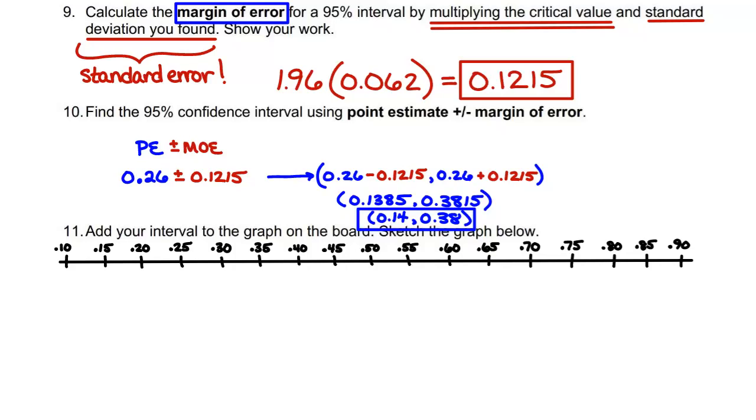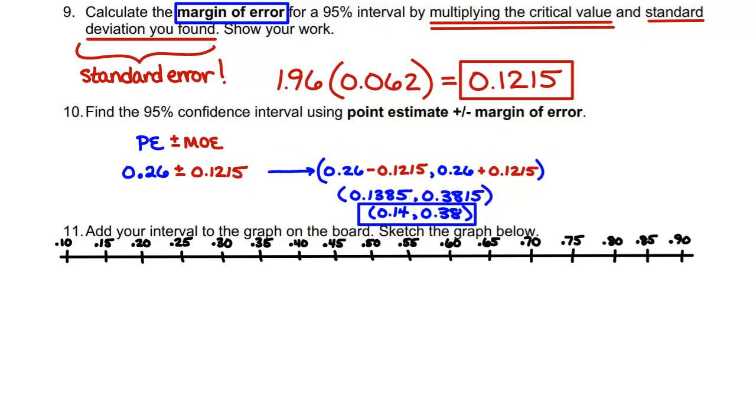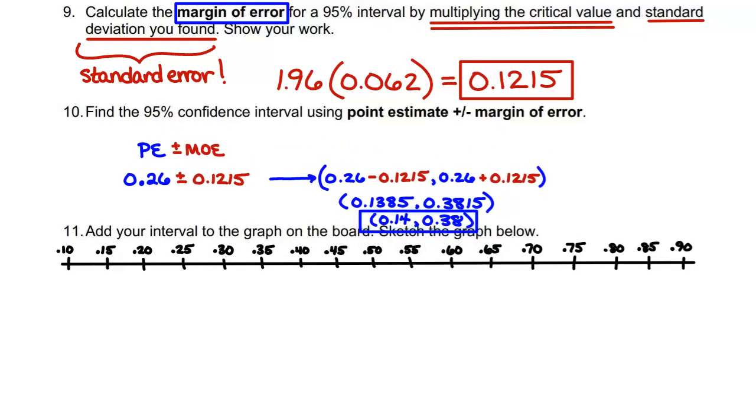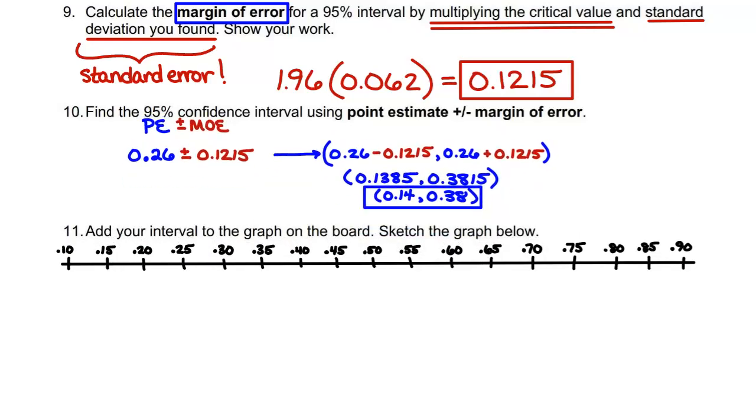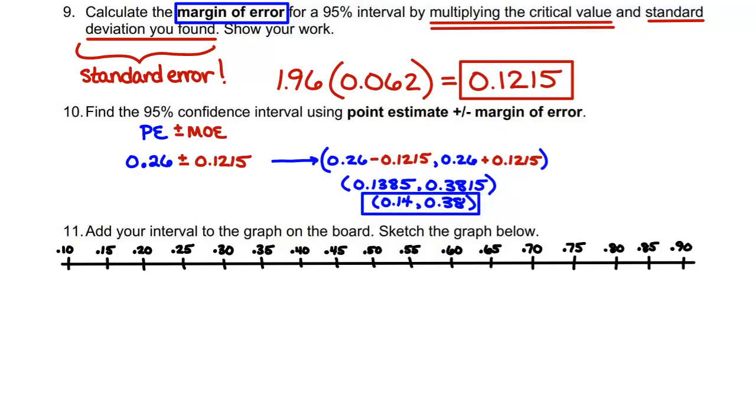So mine, oops. Scoot mine down a little bit.